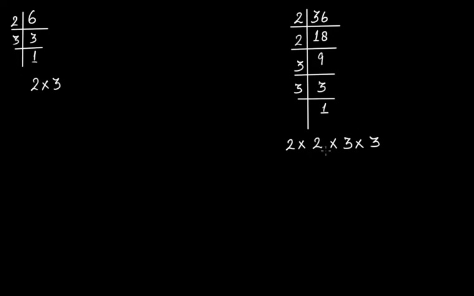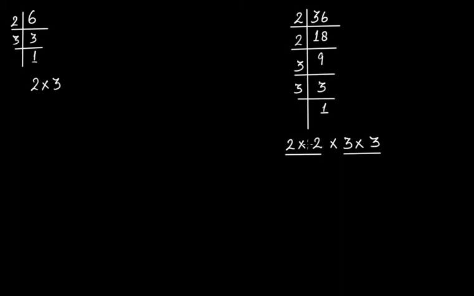Now, if you notice, in 6 we have 2 prime factors, 2 and 3, and in 36 also we have 2 prime factors, that are 2 and 3. But there is a difference. Since 36 is the square of 6, the prime factors are in pairs.